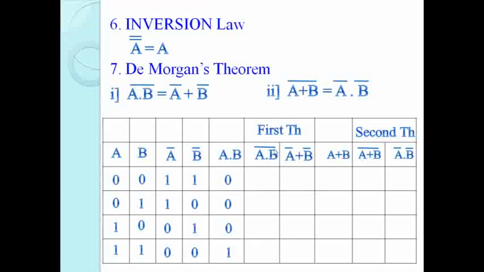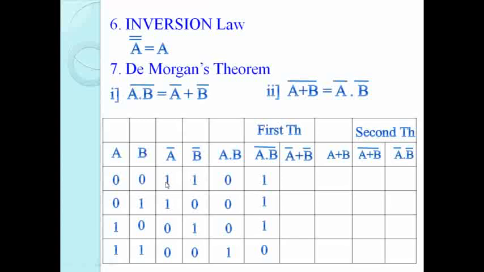Now A into B inverse. So 1, because A into B is 0, so 1, 1, 1, and for 1 the inverse is 0. And the first theorem says (A dot B) whole bar is exactly equal to A bar plus B bar.